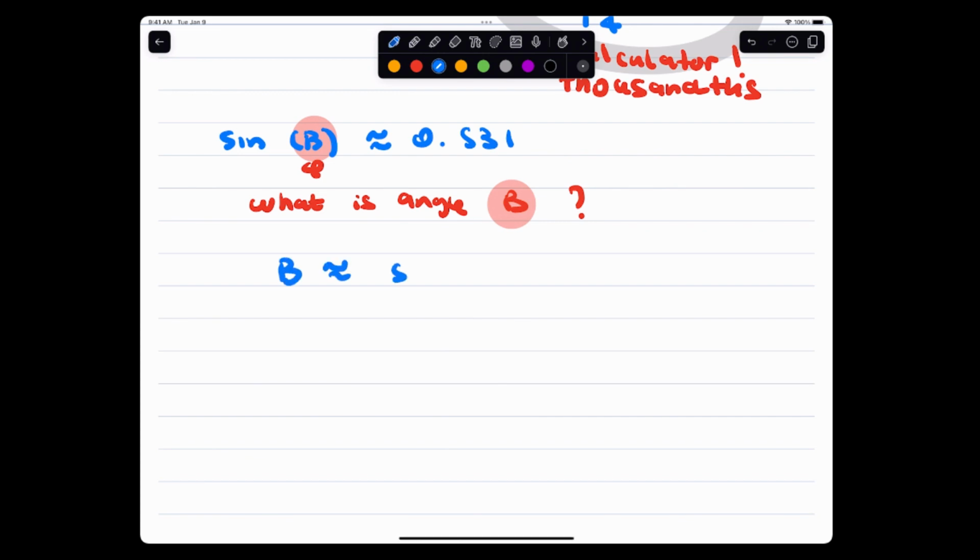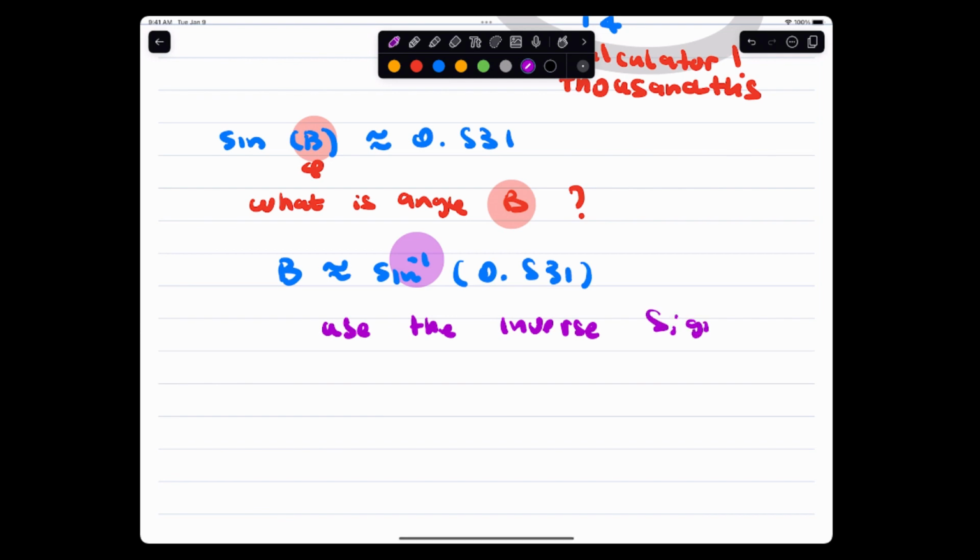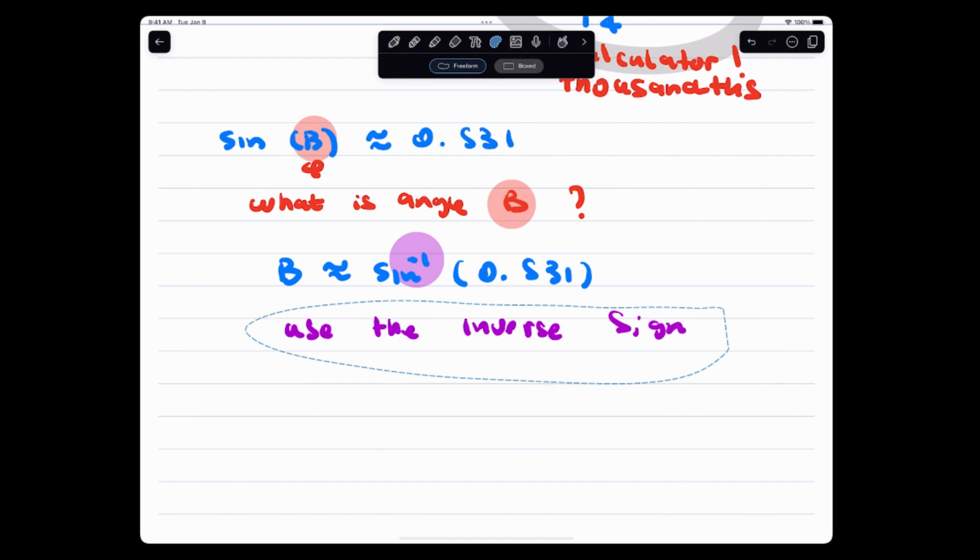by taking the inverse sine of 0.531. I want you guys to take a look at that. We can get B by using the inverse sine function.